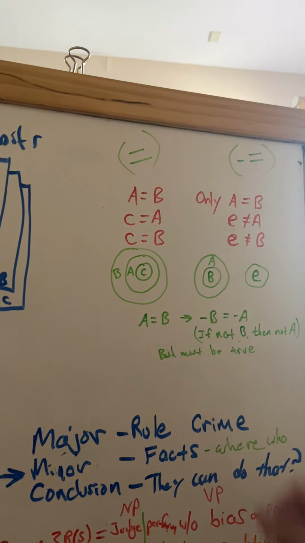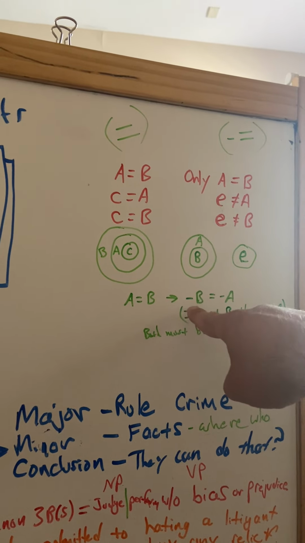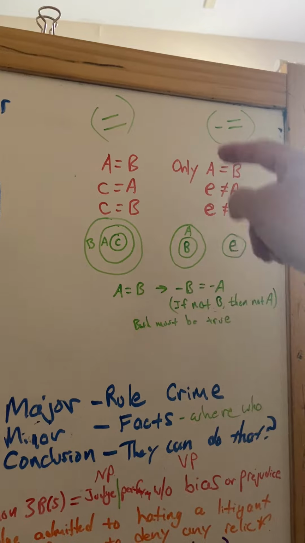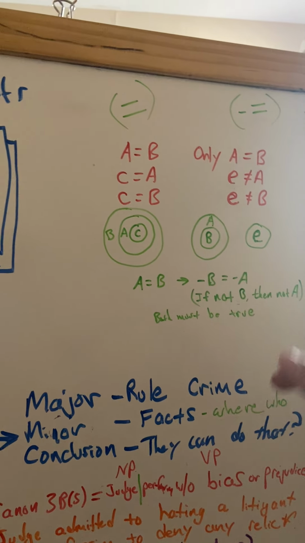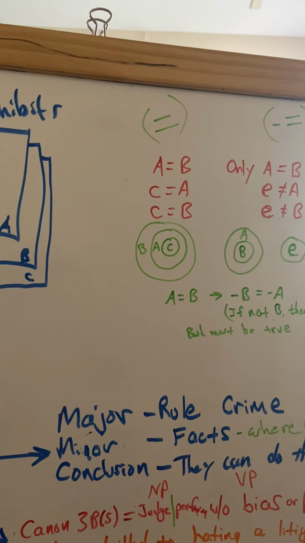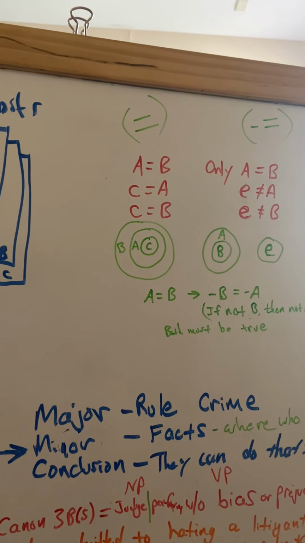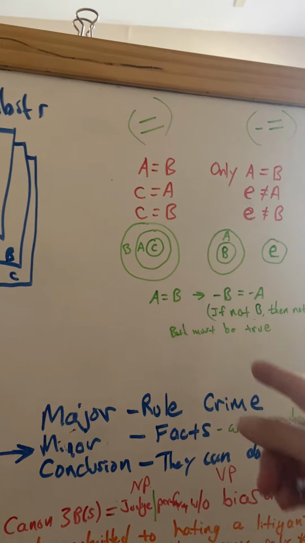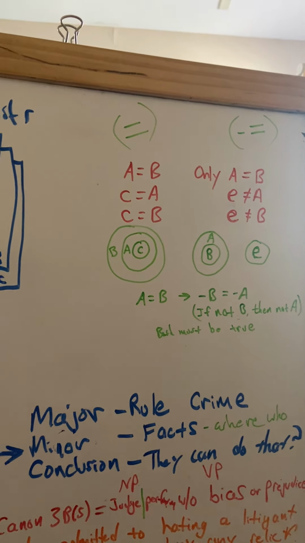So we ask ourselves, well, if the parent is not a terrible parent, then the child won't throw stuff at the other parent. Right? If they're a good parent, then the child won't throw stuff at the other parent.